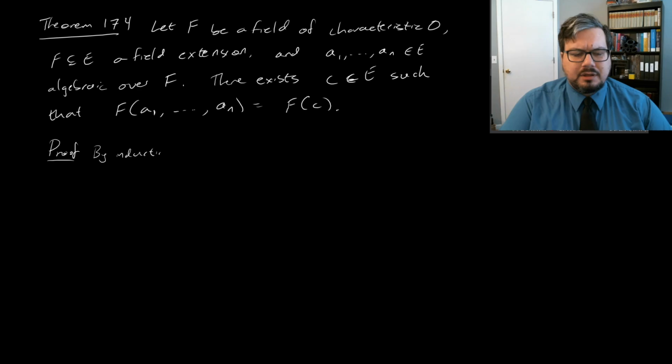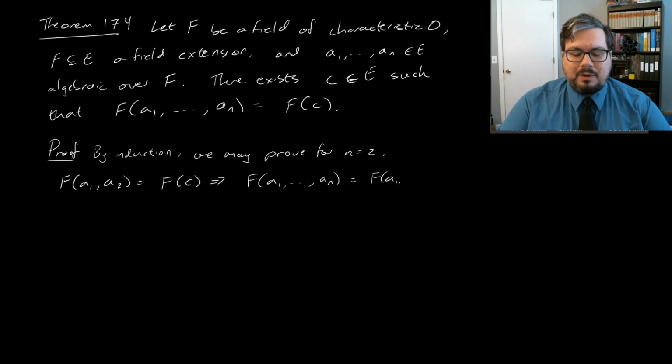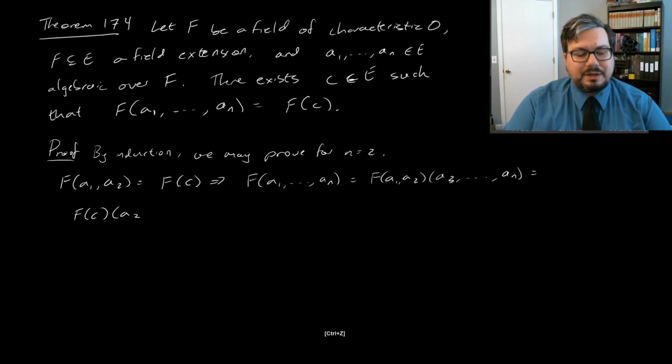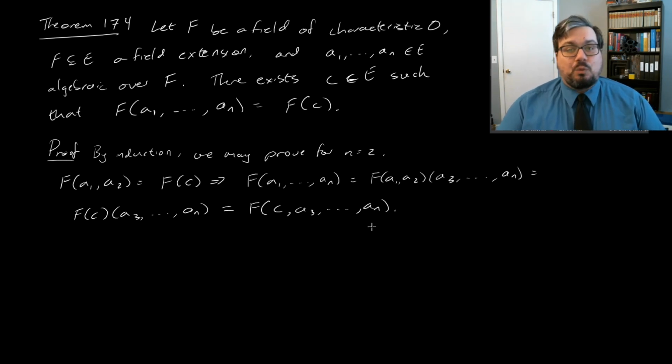So by induction, we may prove it for n equals 2, because then if we have that F(a1, a2) is equal to F(c) for some c, then that means that F(a1 through an) is equal to F(a1, a2)(a3 up through an), which is F(c)(a2, a3 up through an), which is F(c, a3 up through an), which is the smallest field containing F and n minus 1 elements.